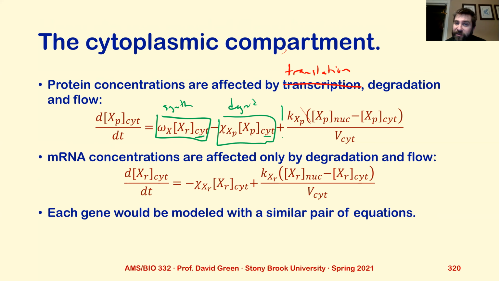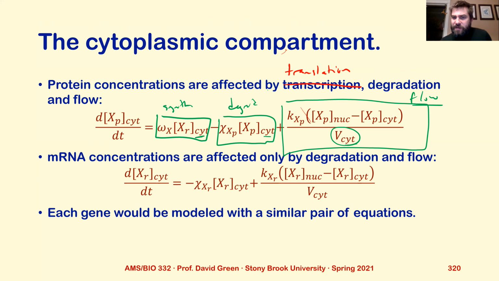And added on here, that's a new piece for a compartment model, as different from a mass action kinetic model, is we have a flow term. Our constant normalized by the volume of the cytoplasm and the difference of the concentration in the nucleus and in the cytoplasm.